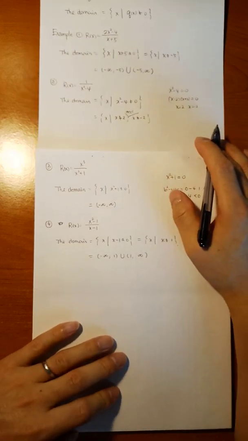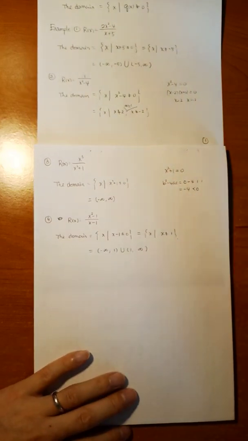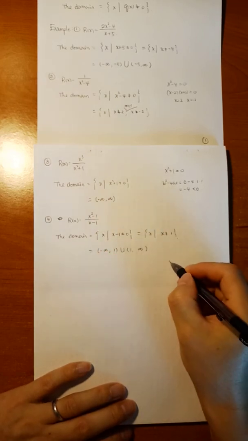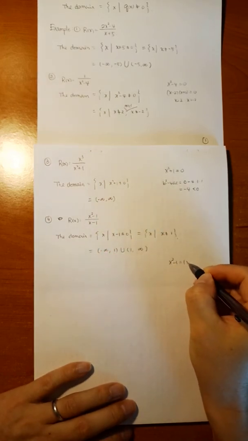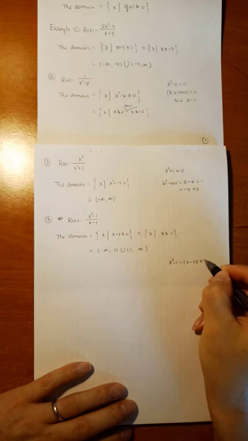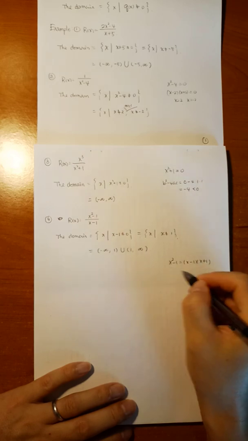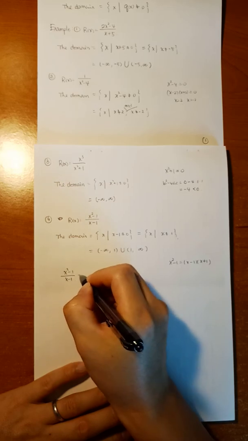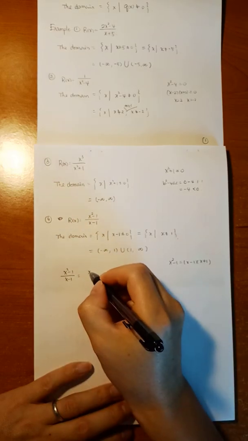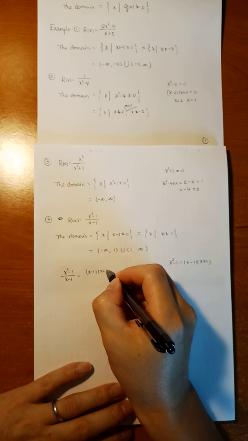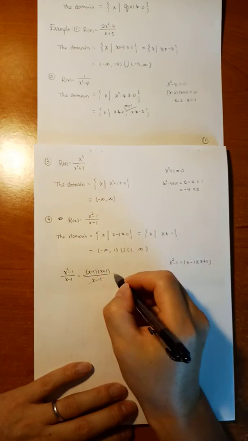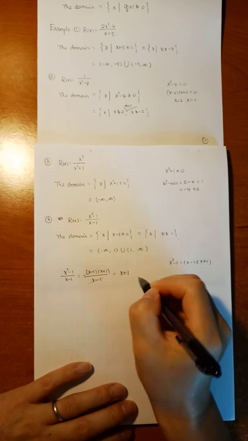This example, let's say a few more words. We know that x squared minus 1 can be factored as x minus 1 times x plus 1. If you know this factorization, x squared minus 1 over x minus 1, you see, we can cancel x minus 1. We get x plus 1.